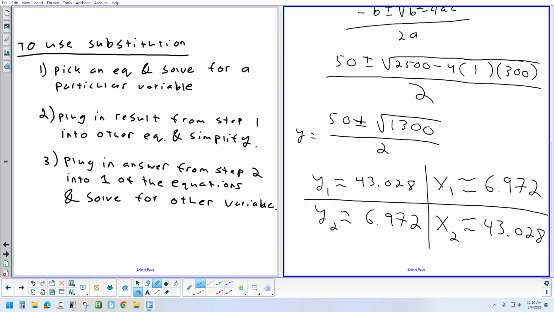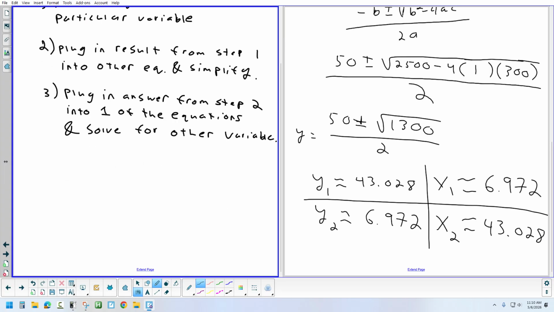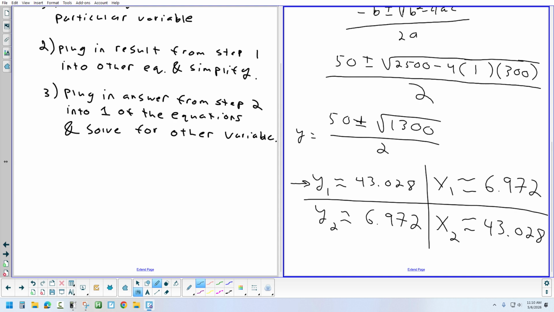Y1 and X1, that's one pair. Y2 and X2, that's another pair. And they're sides of a rectangle. What's the difference between the rectangle using the top two numbers and the rectangle with the bottom two numbers?